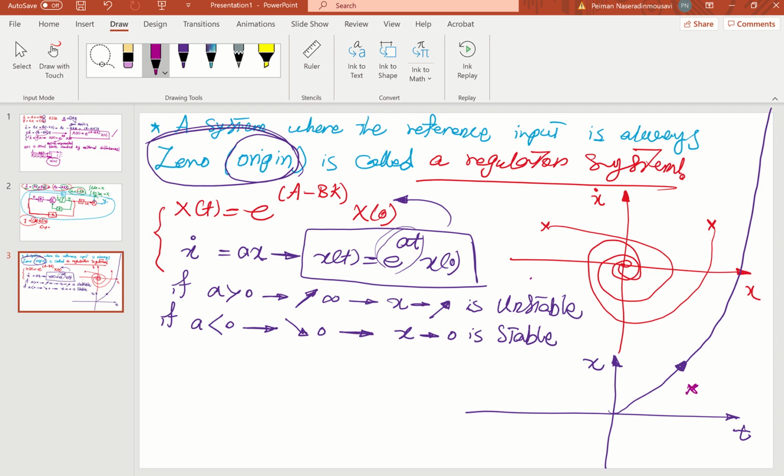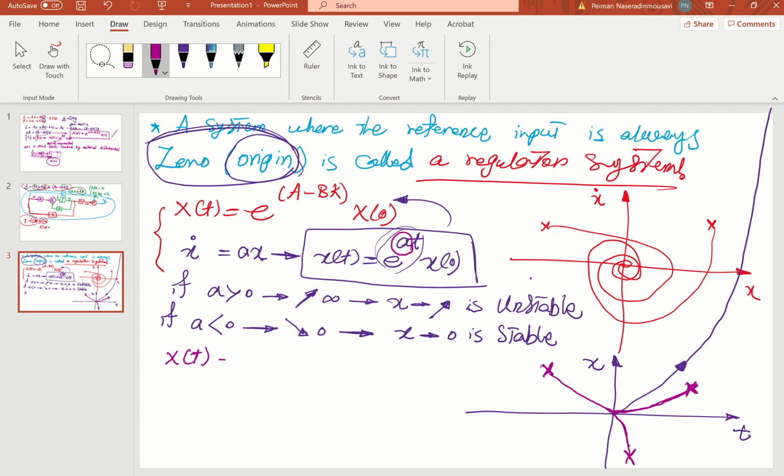If I start from here, the system goes to here. Actually, because this is a first order system, it can go here like this, because we have no damping. So this is a first order differential equation. Or if you start from here, this one goes here. If you start from here, this goes here, like first order systems. That's right, undergraduate control. So you know that the sign of this exponent a has an effect on stability and instability of a given system.